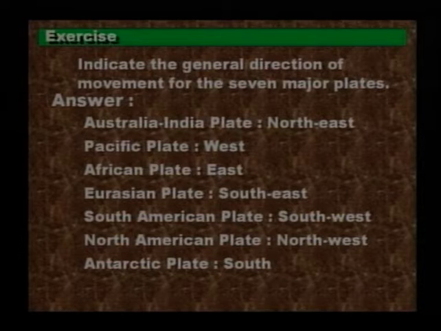If you had the west direction, that's okay, but generally the movement is towards the southwest. The North American Plate is moving in a northwesterly direction. And finally, the Antarctic Plate, south. Okay, the Antarctic Plate to the south. And those are the 7 major plates.